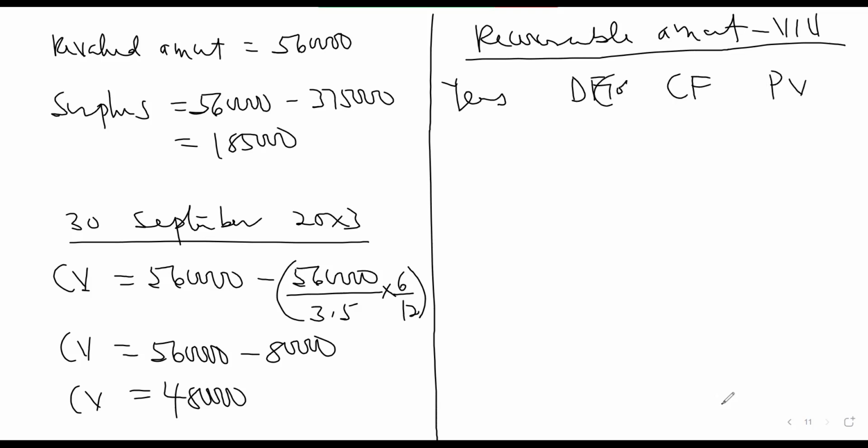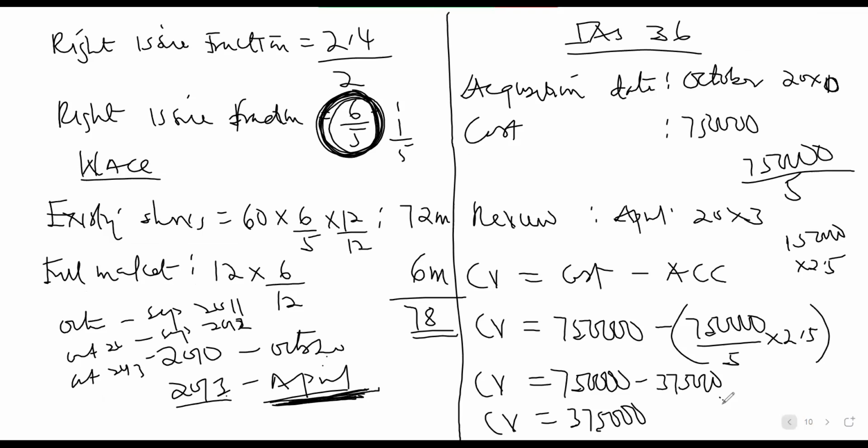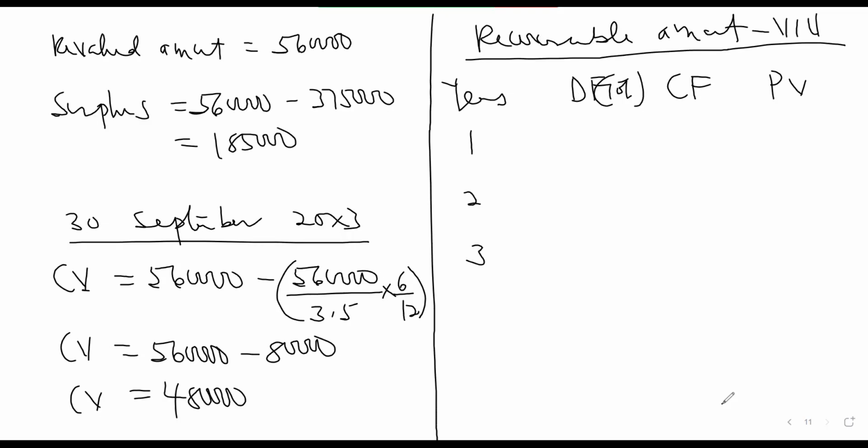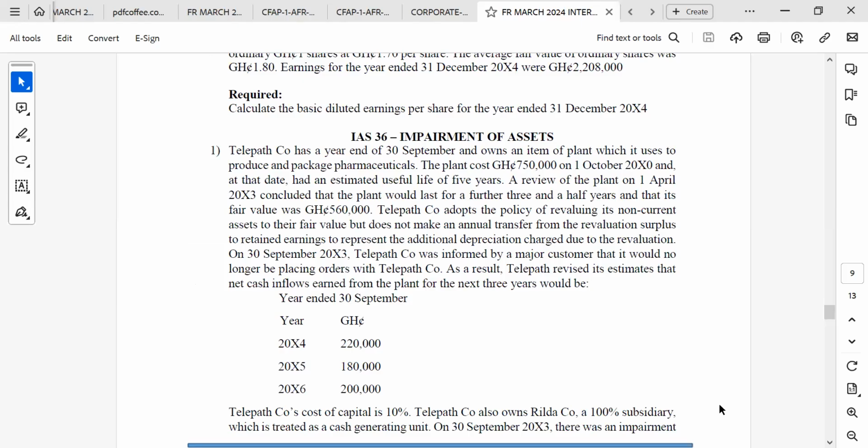The discount factor is 10%. The years will be year 1, year 2, year 3. So what are the cash flows given to us in the question? The first year is what? 420,000. Okay, 220,000.